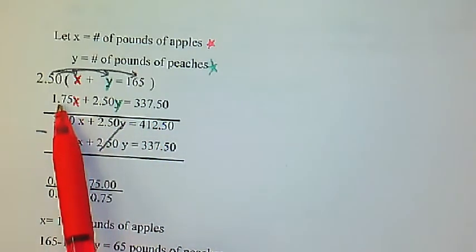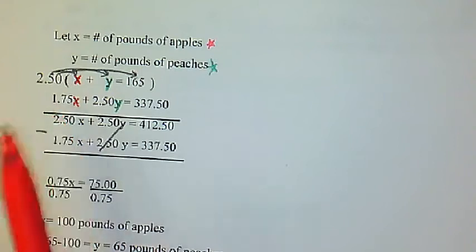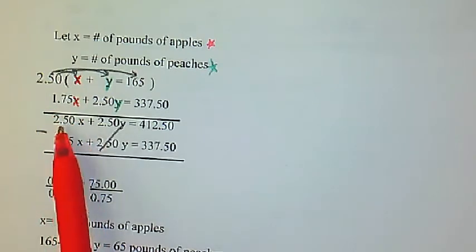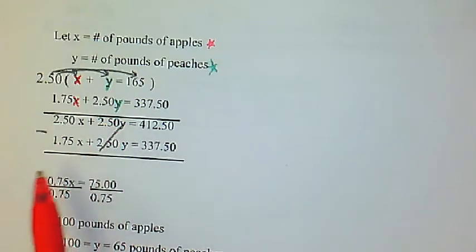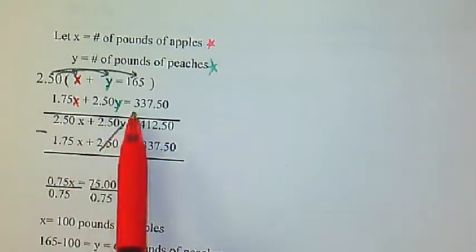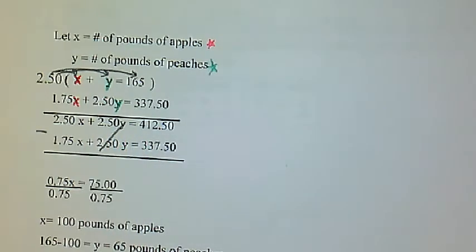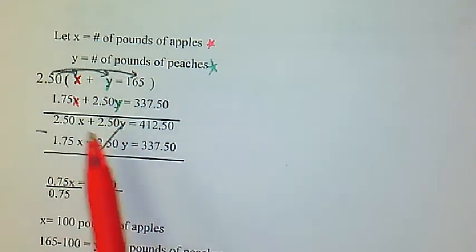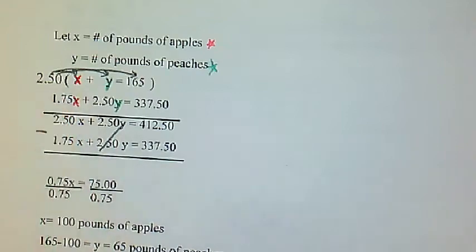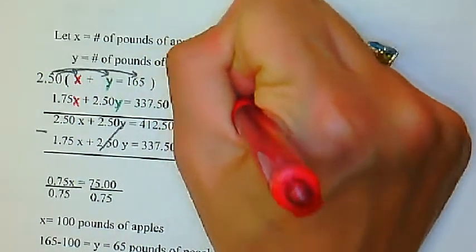Each apple is $1.75 and each peach is $2.50. So when we multiply those and add them, we would get $337.50. So in order to figure out how many apples and peaches there are, what you could do is just multiply. So this is the elimination method.